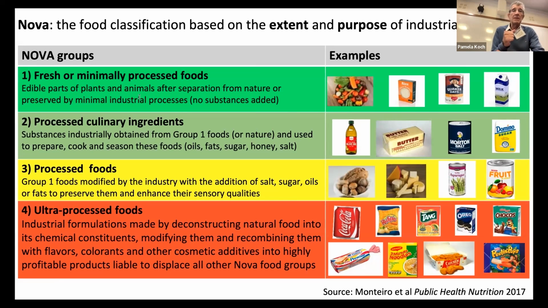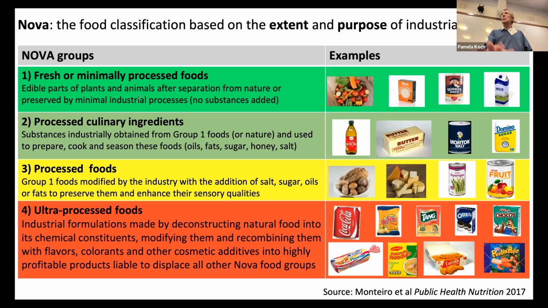What are these minimally processed foods? Fresh foods, of course, are edible parts of plants and animals after separation from nature. So if you just take a carrot in nature and you clean it, you have an unprocessed food, right? But if you go beyond cleaning or separating some undesired parts, if you dry, if you grind, if you ferment, if you pasteurize, then you are applying minimal processes, right?